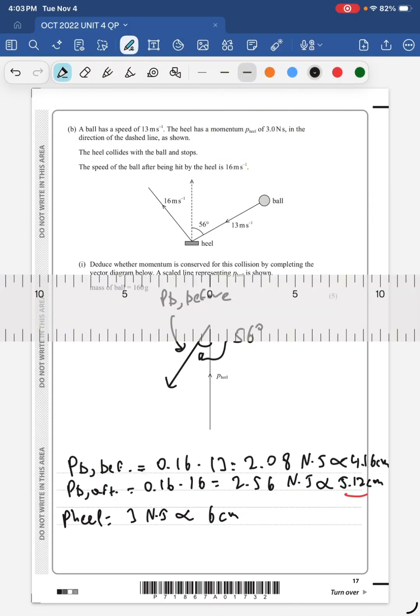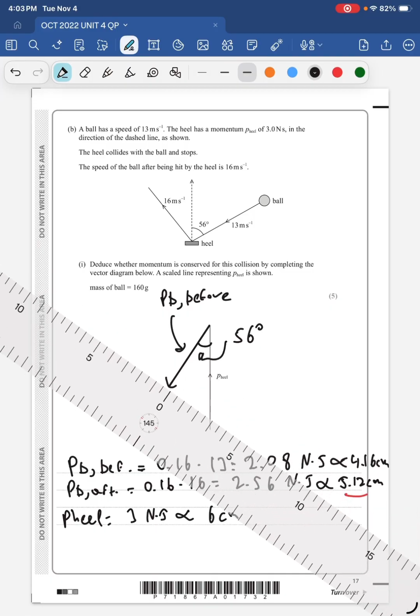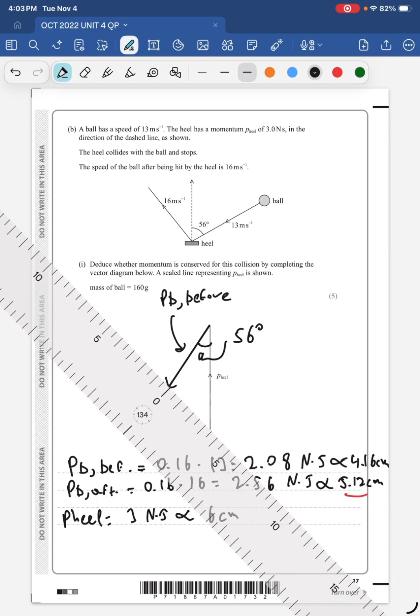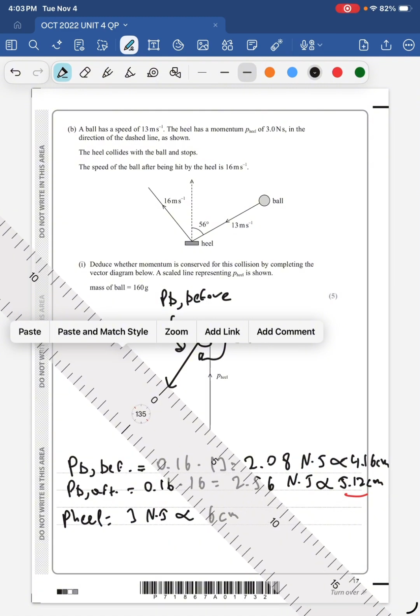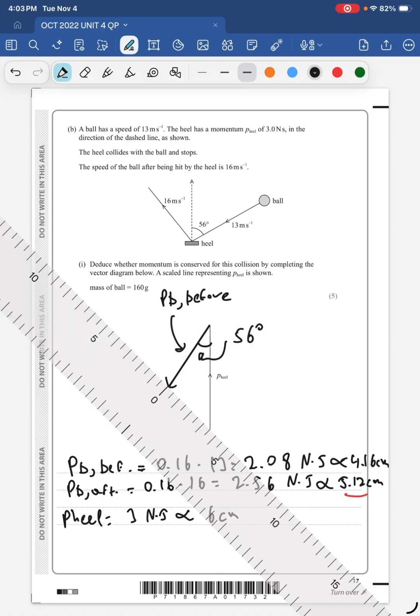Here's the ruler. So let's line up the 0. Let me think. That doesn't seem to work, to be honest.